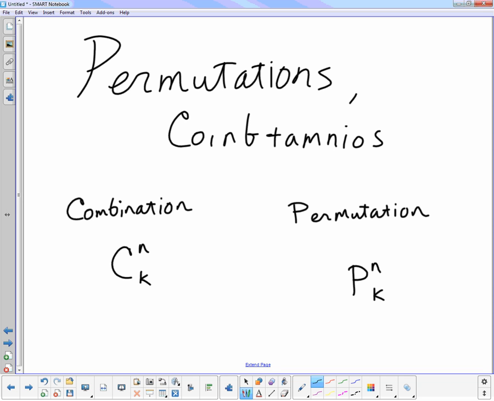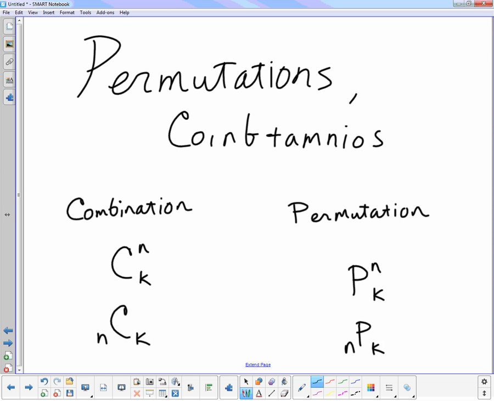I've also seen them written like this. I think the lower two are more often used in the United States, whereas the upper two are more often used in Europe. But the idea is the same.